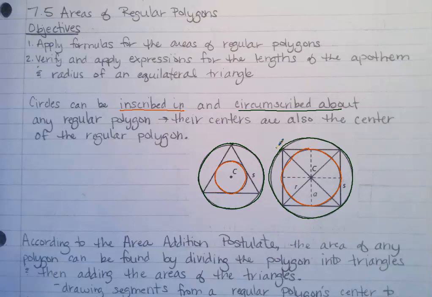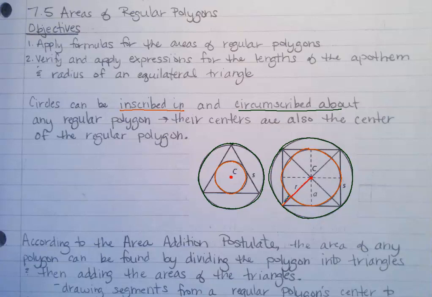These can be around any regular polygon, and their centers are also the center of the polygon. That's going to help us identify some terms that we need today. From the center to the vertex is labeled R. What word would that be?